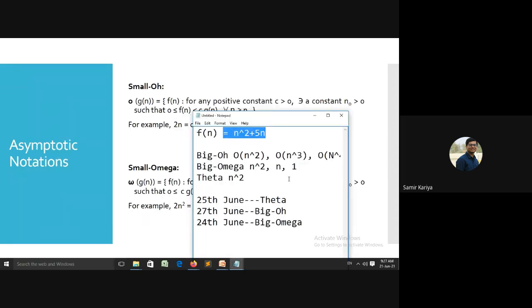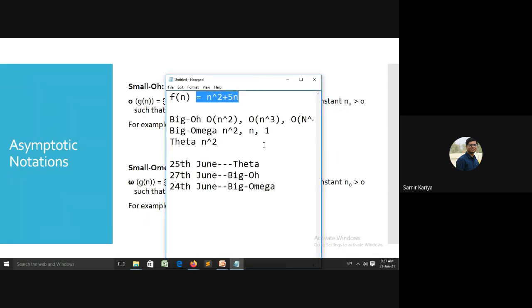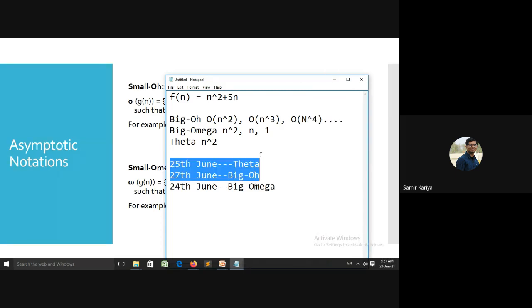Again back to this one, this example. Big O I have written, big omega I have written, theta also written. Now I am just writing here small o. So what is the answer for the small o? Small o, that means upper bound. तो मुझे जो आंसर दिया है, whatever this f of n is given, I have to write the answer here greater than this one.